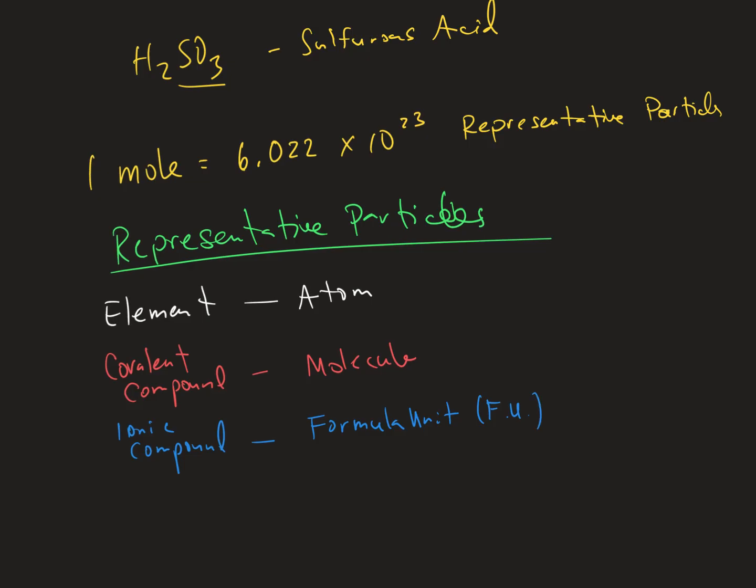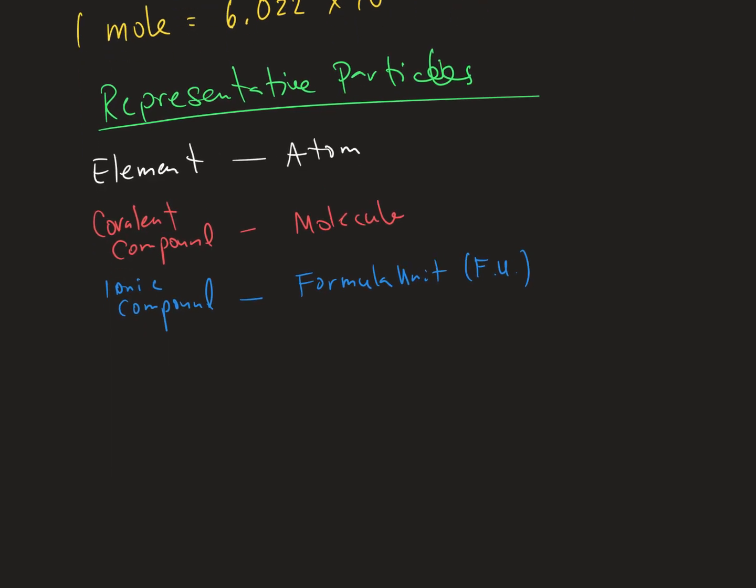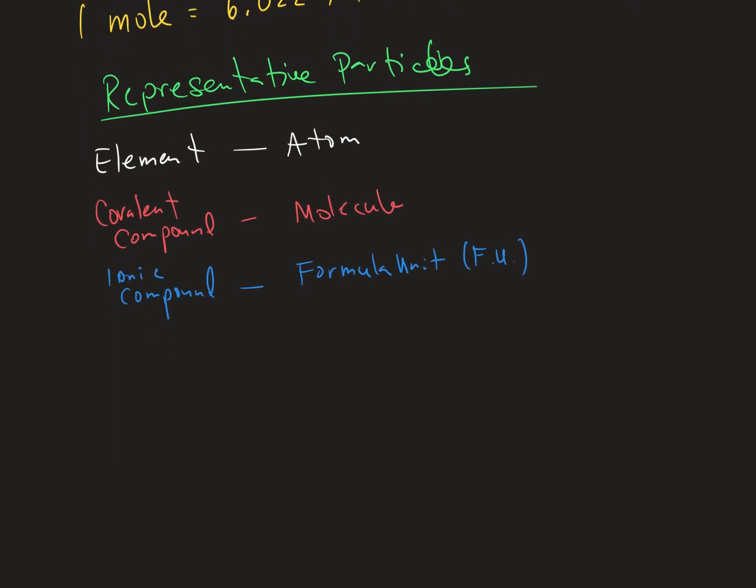Formula unit's long, so sometimes we just say FU, or something like that, okay? And if we have an ion, it's just an ion. Now, most people talking about particles will use molecules for any compound.